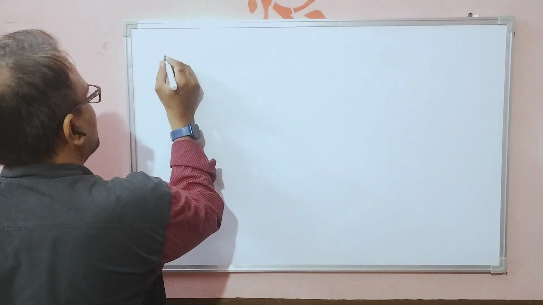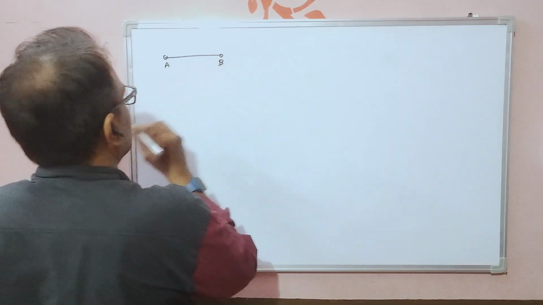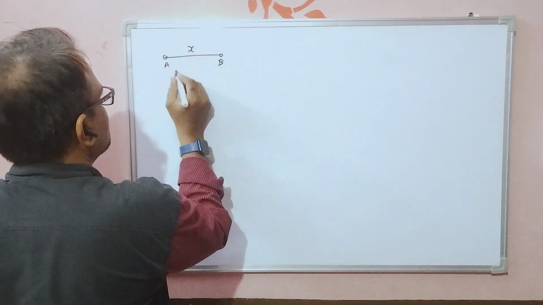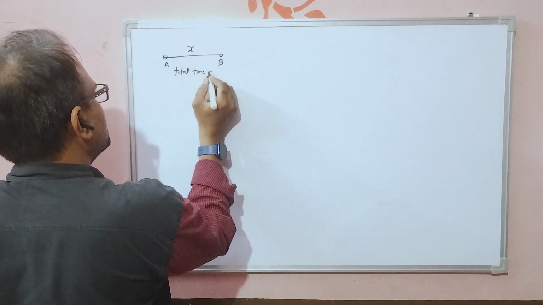The question is an object moves from A to B, and the total distance is given x. The total time is t.